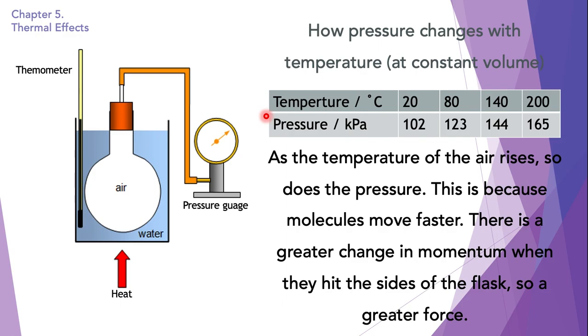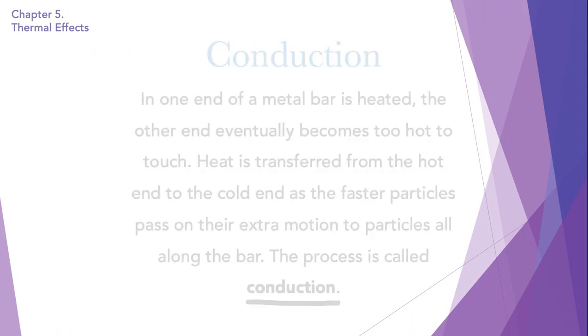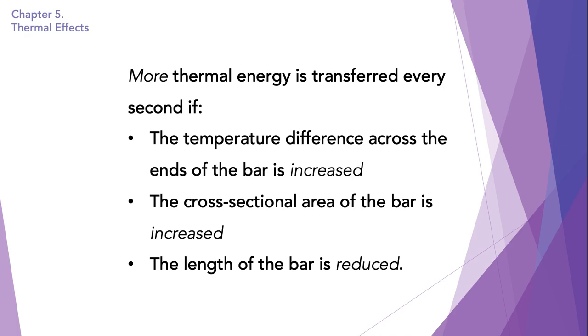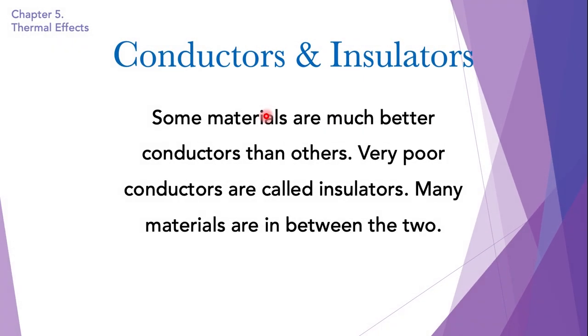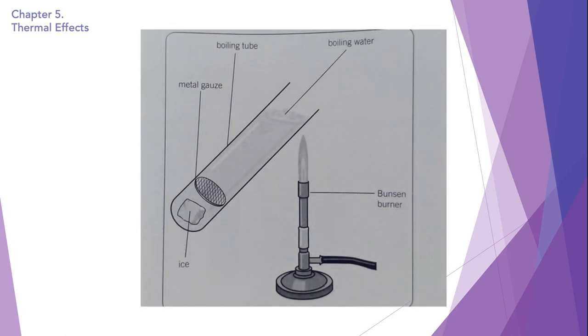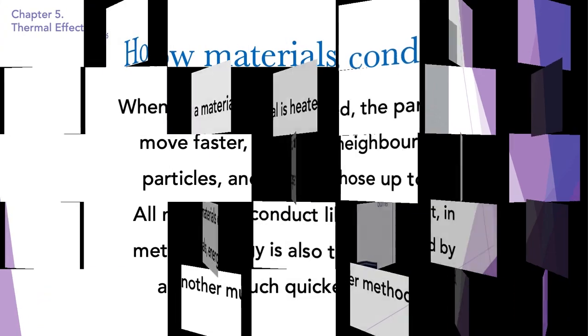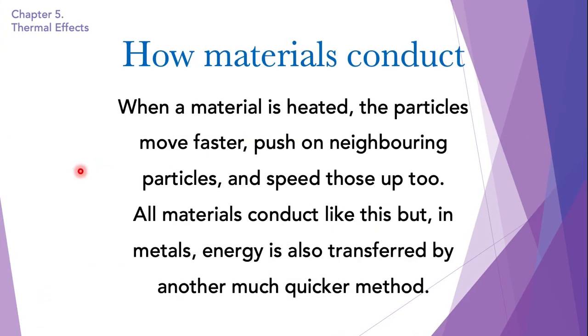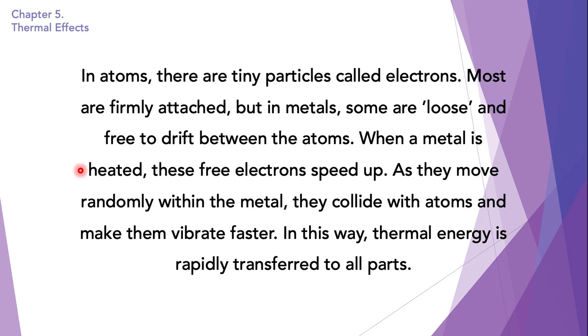After this, we understood conduction. We understood what conductors and insulators are, the difference between them, which are good conductors, which are bad conductors, which metals are good conductors, and which materials are good insulators. We understood that water is not a good conductor by this example. We also saw how metals conduct, the free valence electrons of metals and how they help to conduct.